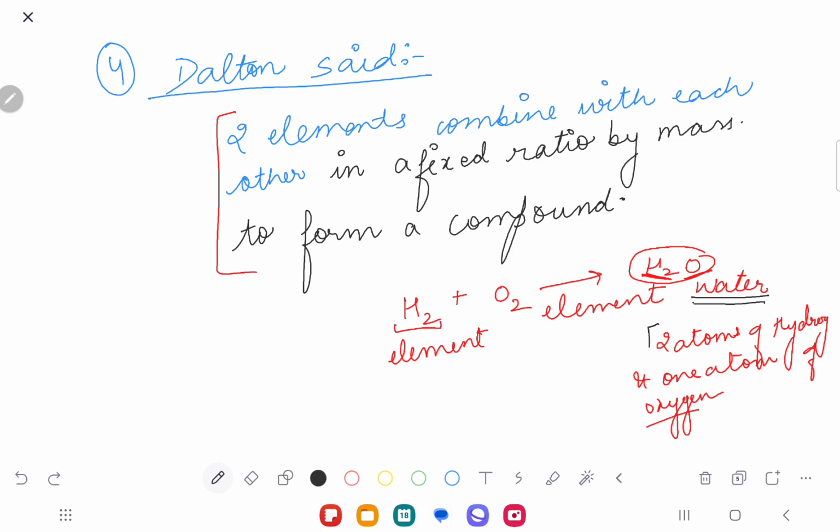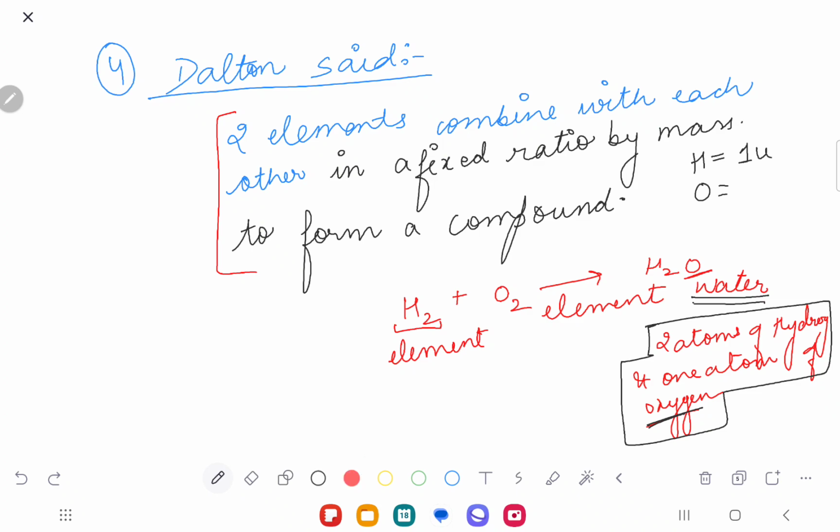Yes. So when water has two atoms of hydrogen and one atom of oxygen, the mass of one hydrogen atom is 1 U and the mass of one oxygen atom is 16 U. So what is the ratio when I say H2O? You tell me.